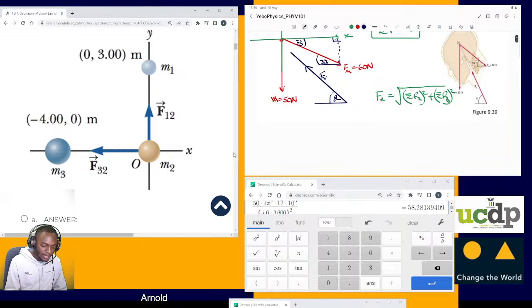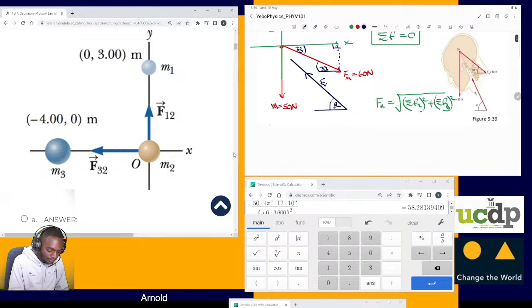So which means that FMX will be equal to 60 cos 33, because this is the magnitude, which is 60 newtons.